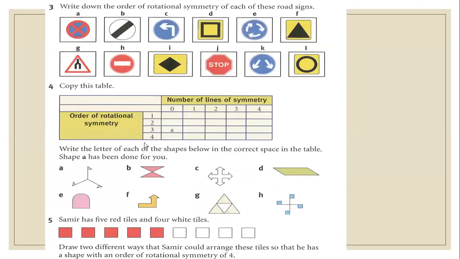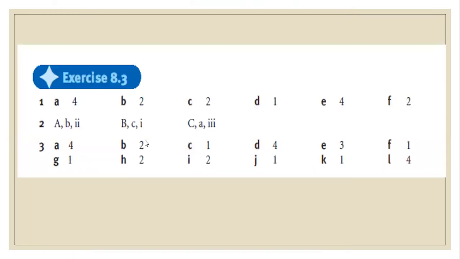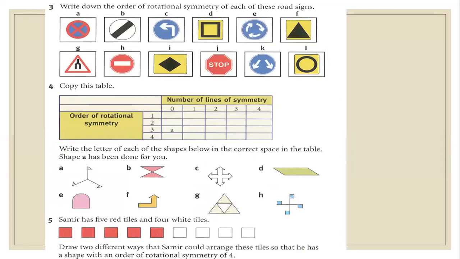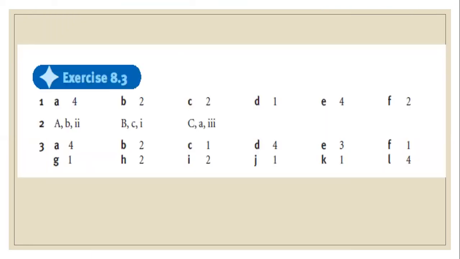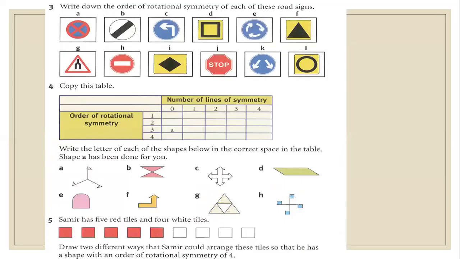Third is 1. Fourth is 4. E is 3, sorry. F is 1, sorry. G is 1.